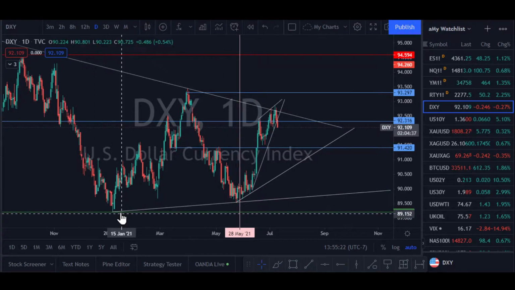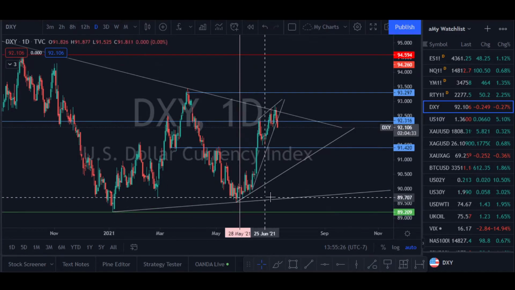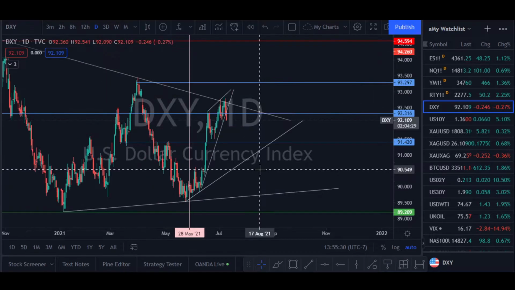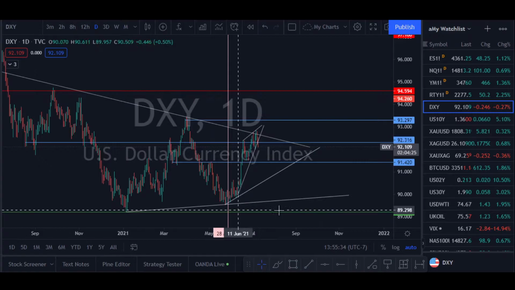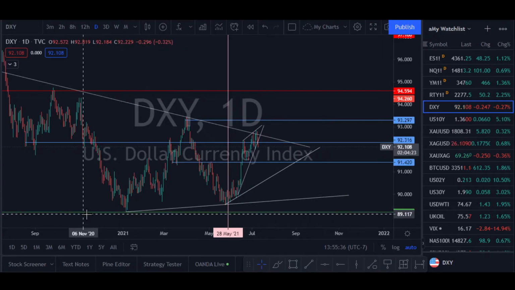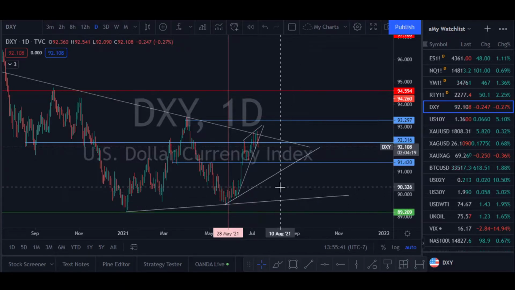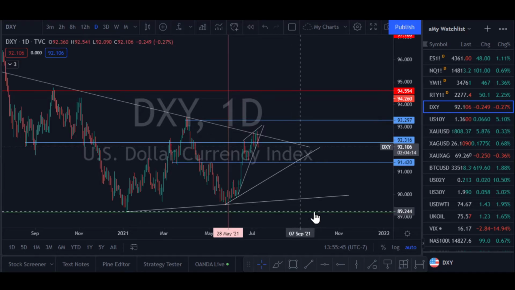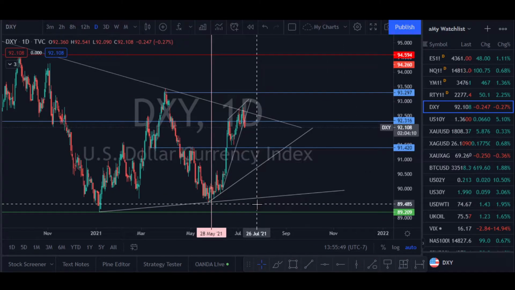And so what I did was I have this first trend line which is connecting these touches, and the safest bet, now there's a lot of things going on in the DXY. This green support line is a long-term trend line, long-term support going back multiple years. So that's going to be pretty extensive to try to break through to the downside.